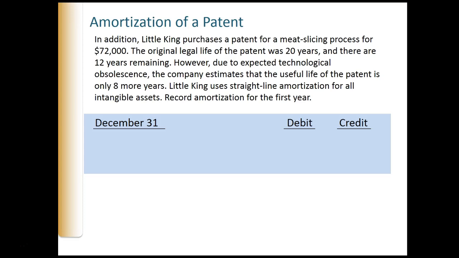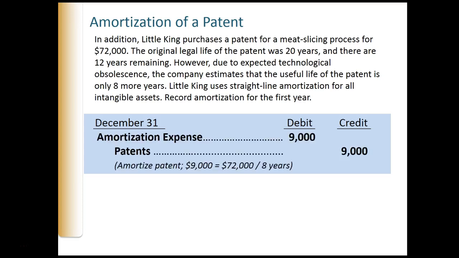It was an original patent of 20 years with 12 years remaining, but due to obsolescence, we think there's 8 years left. So in that case, we're going to take the $72,000 and divide it by 8 years for the patent for that meat slicing device.